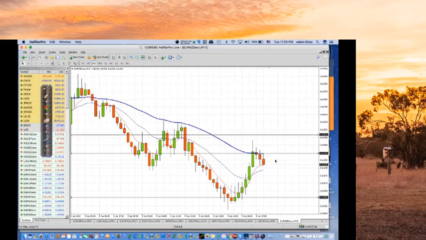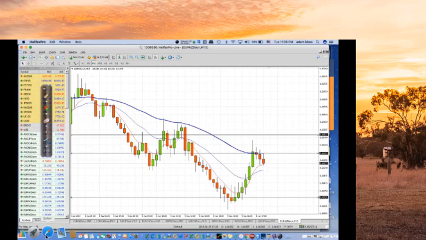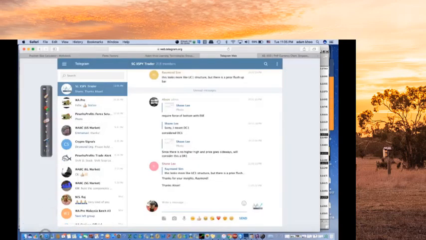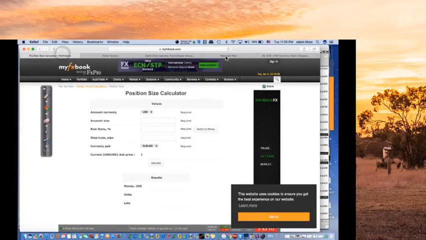There we go. And you can see it's coming down, which is not too good for me, because I wanted to have sold it there, and hopefully it's going to go up again and fill my order. Okay, so no worries. Again, my stop loss distance is about 15 pips away.